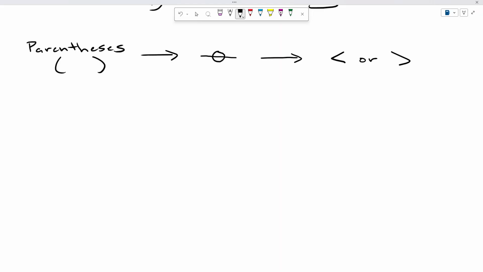So parentheses, open circle, and plain old less than or greater than. And this means, very important too, the endpoint is not included.